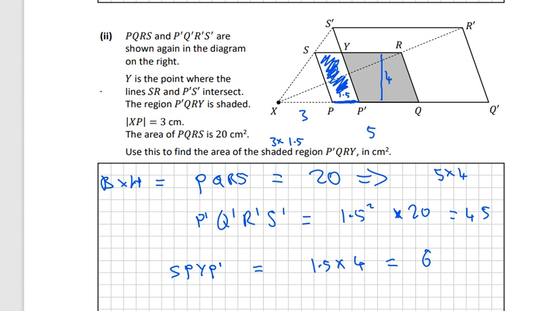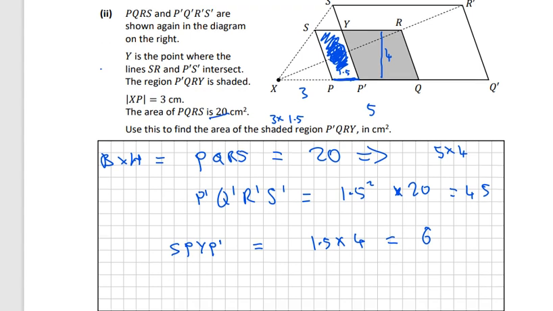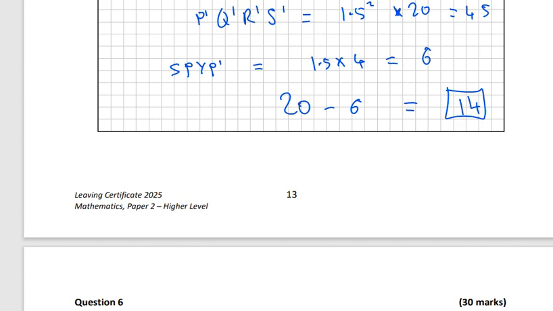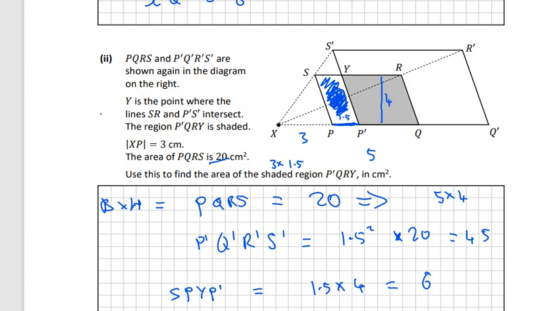Therefore, we just have to take that away from the area of the whole parallelogram, because it told us in the question that the area of PQRS was 20. So we just have to do 20, take away 6, and it gives us 14. And that's the area of the shaded bit then. Didn't really need to have worked out that at all there.